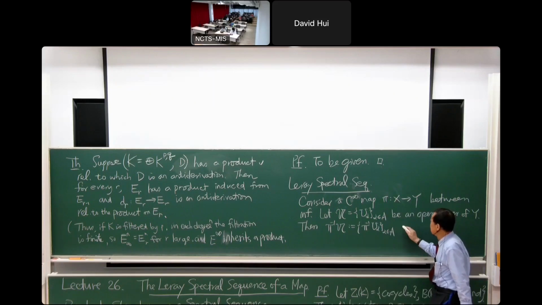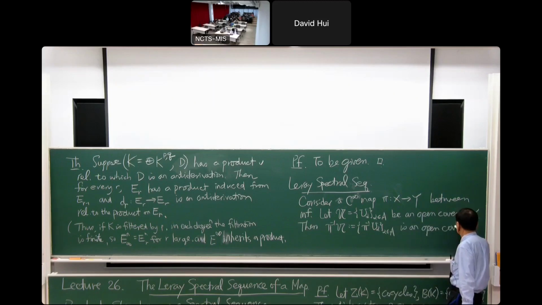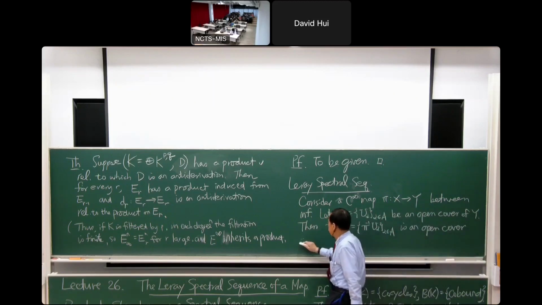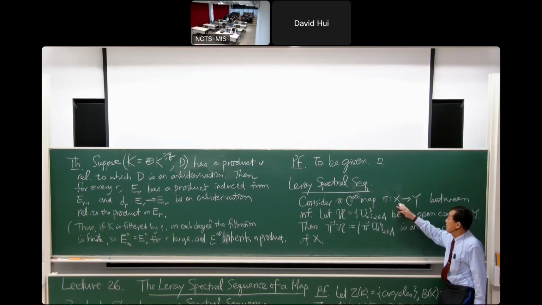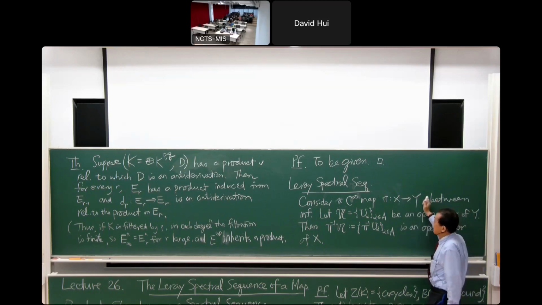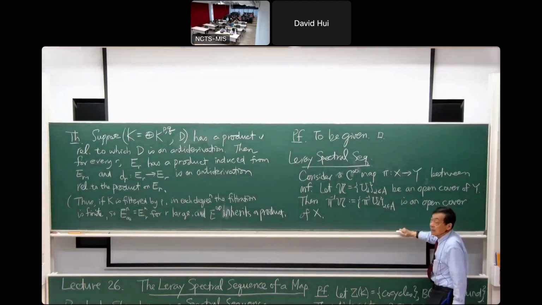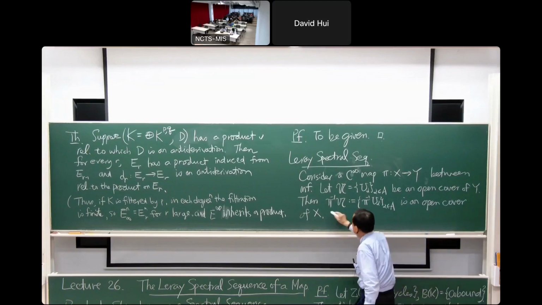Then pi inverse of U is an open cover of X. So the goal here is to calculate the cohomology of X from the cohomology of Y. And now you have an open cover of X, and you can look at the Cech-de Rham complex.